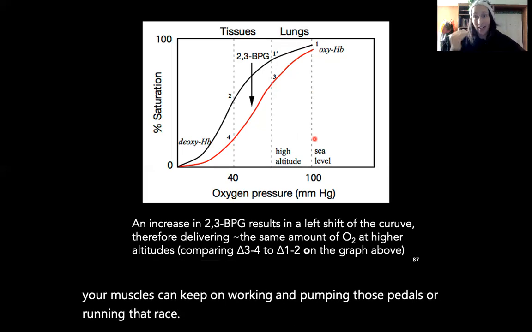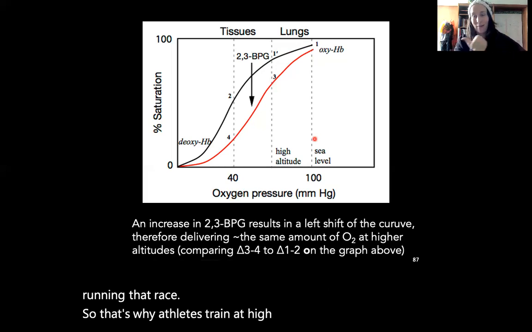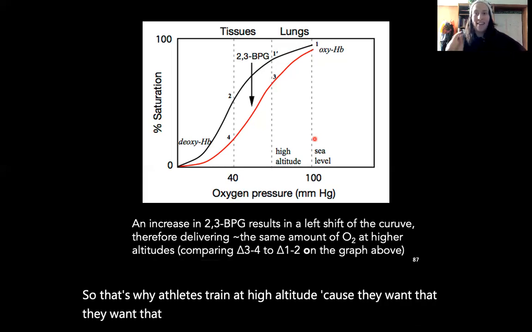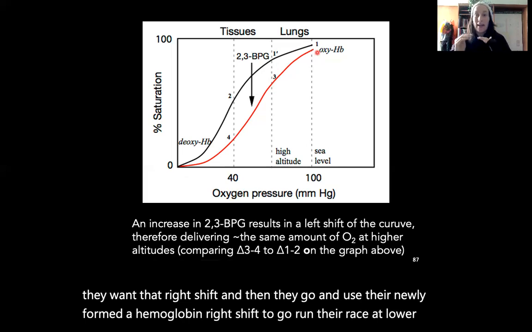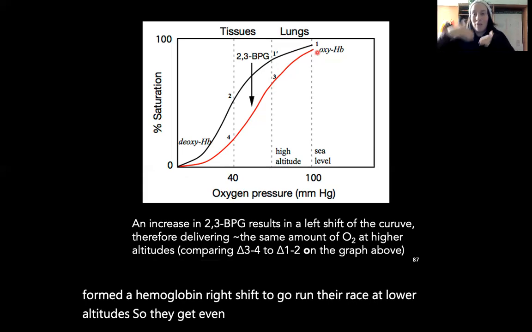So that's why athletes train at high altitude, because they want that right shift, and then they use their newly formed hemoglobin right shift to go run their race at the lower altitudes. So they get even more oxygen offloading from their hemoglobins.